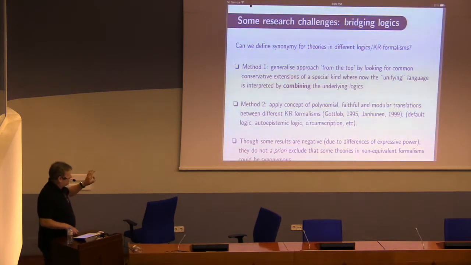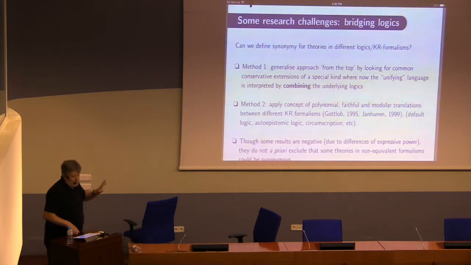What happens if our underlying logics are different? Well, if we use the idea of a common definitional extension, then in principle there's nothing to stop us supposing that this definitional extension uses a combination of two logics, not only a combination of two vocabularies. So one way to go would be to use work on combining logics.